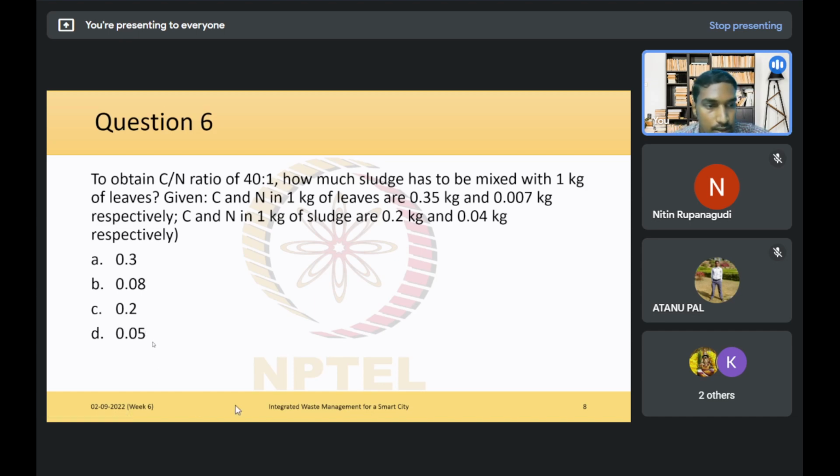Again, you can take a minute or two to calculate it and then answer in the poll. If you have any doubts, you can unmute yourself and ask at any time. Okay, the poll is launched.